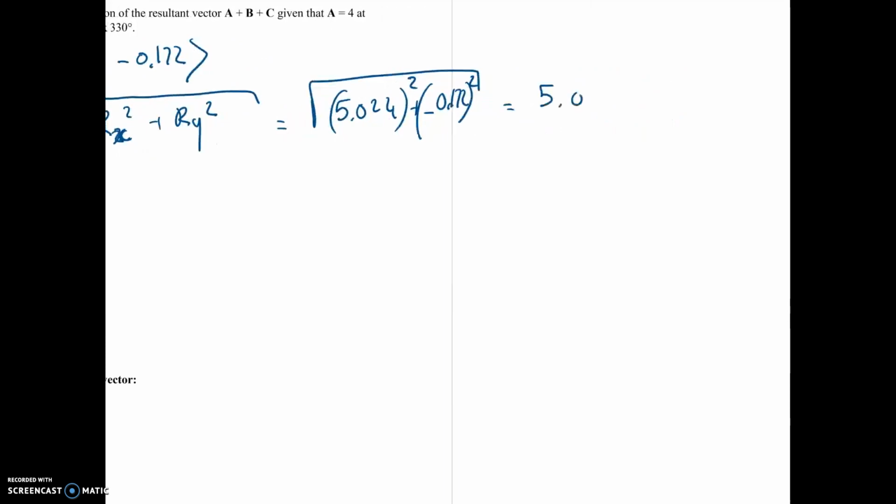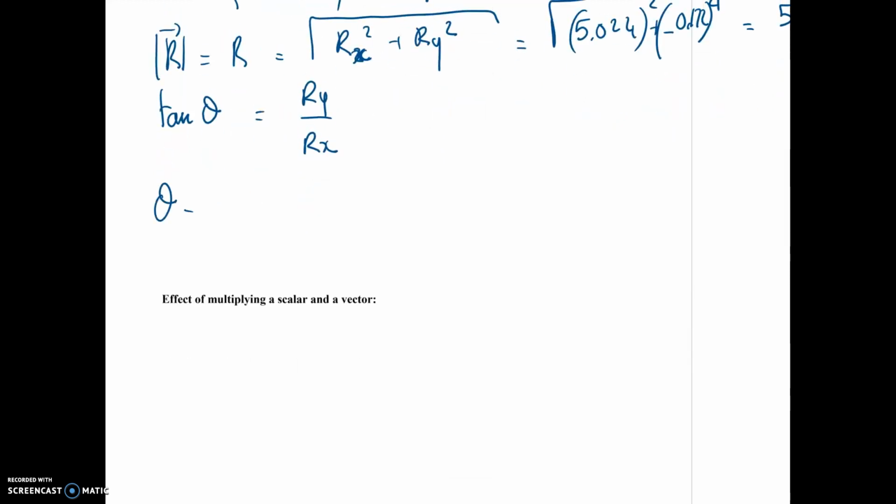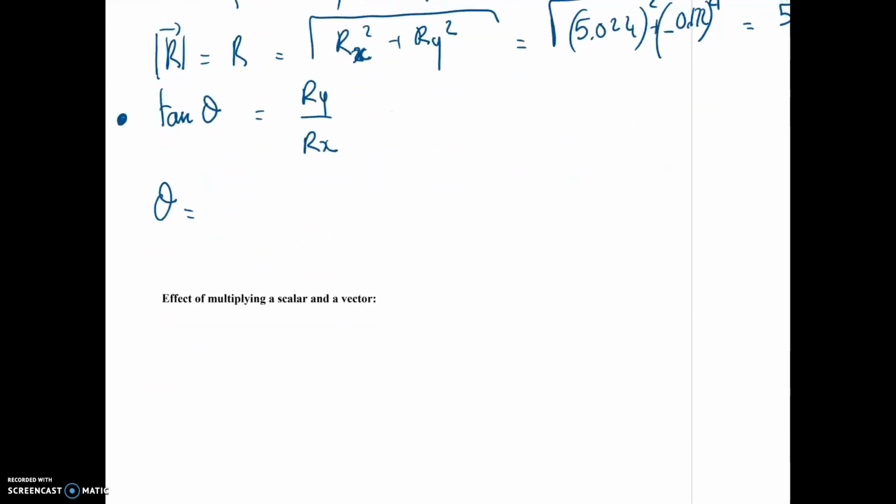and I end up with an r value of 5.027. Now if I want to know the direction, I'm going to calculate tangent theta, and tangent theta equals ry divided by rx, so I know that theta is equal to tangent to the negative 1 of ry divided by rx.